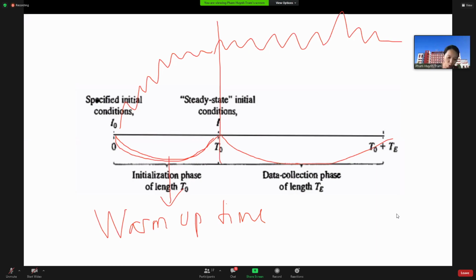By default, with the warm up time, you tell Arena not to collect any data during this time and only start to collect data afterwards, and all the results that we read in the report are from the data collected in this phase.